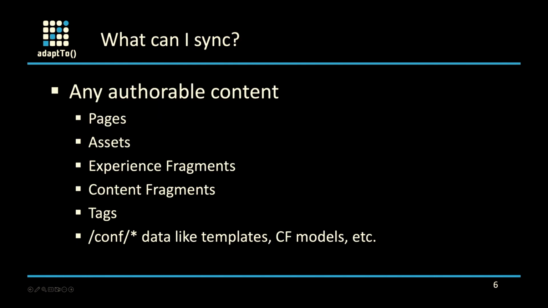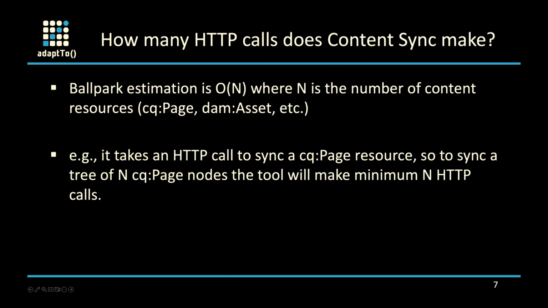So, okay, there is a tool. What can you sync? Basically, any authorable content, like pages, assets, experience and content fragments, tags, anything. You can even synchronize templates and CF models, any structures under /conf. Okay, so the tool does a JSON round trip, and for each item, it makes an HTTP call and fetches JSON.